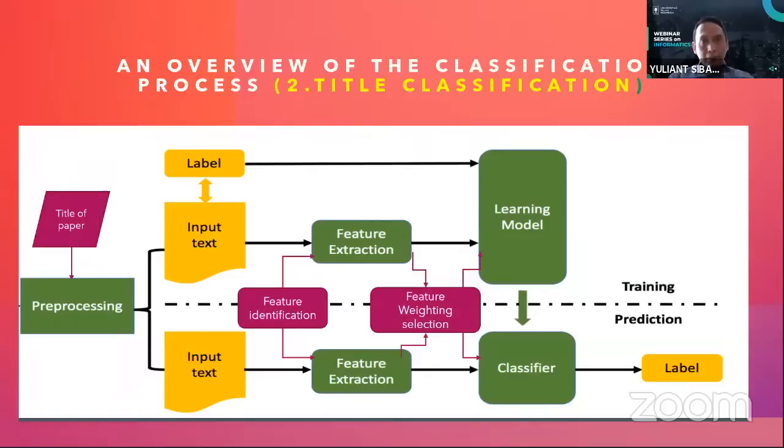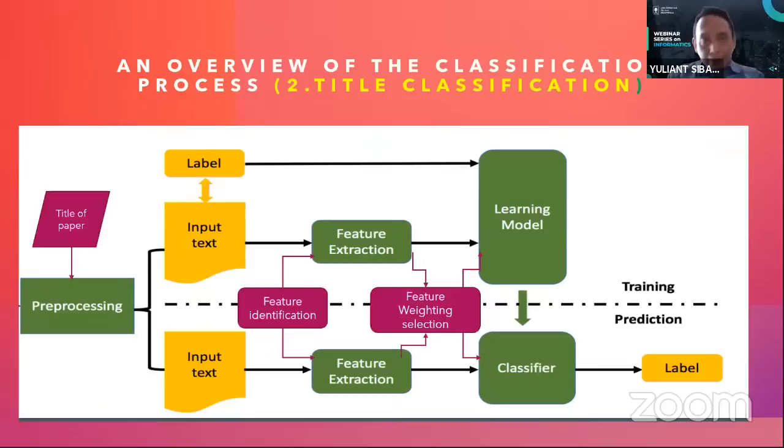The next process is feature extraction. We extract the features that we identified in the previous process. Besides the common features like n-gram, there are other features like NLP features, pattern-based features, or new features that maybe we propose to get more accurate results.